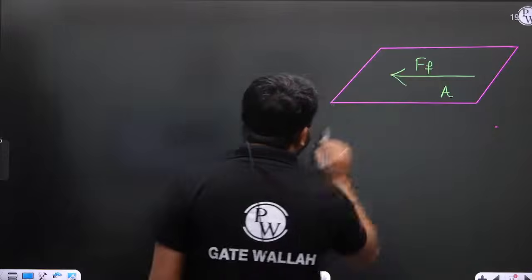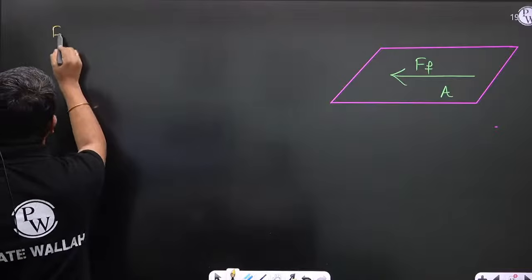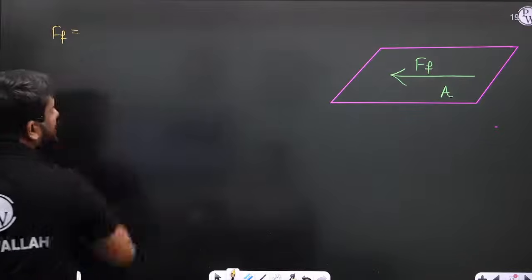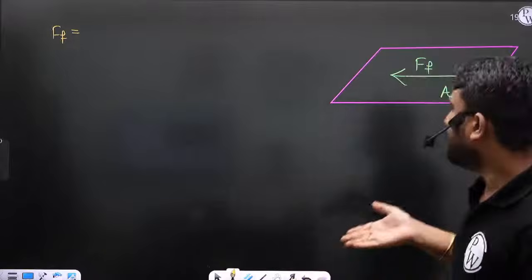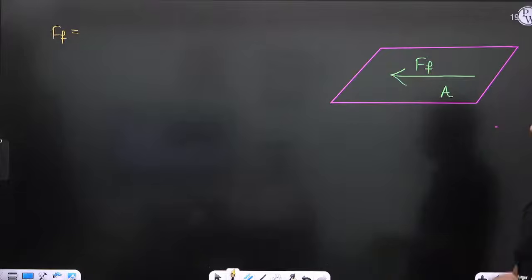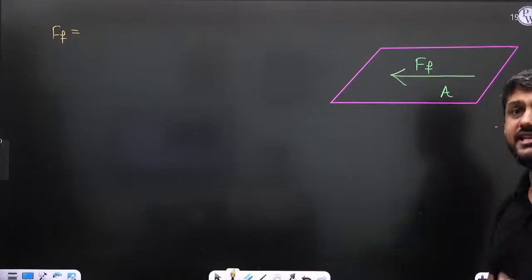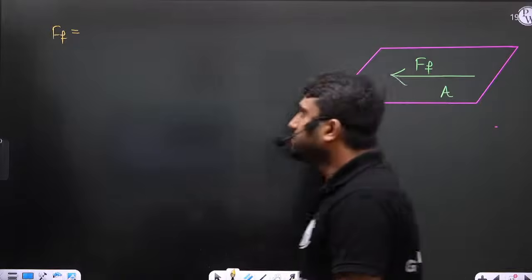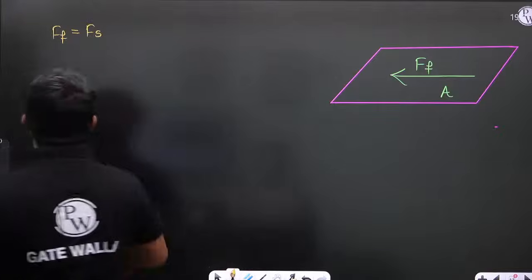Right? This is the friction force, and this friction force is parallel to the plane now. So this friction force is parallel to the plane, so we can say this friction force has a shear nature. That's why it is also called shear force.